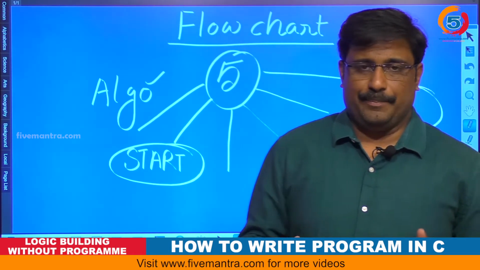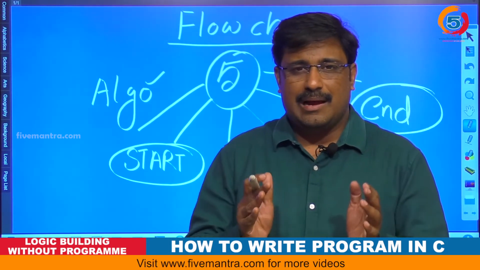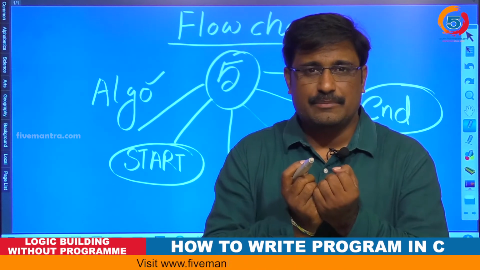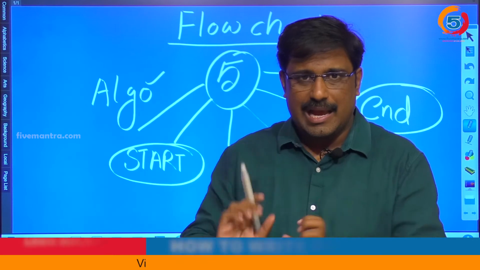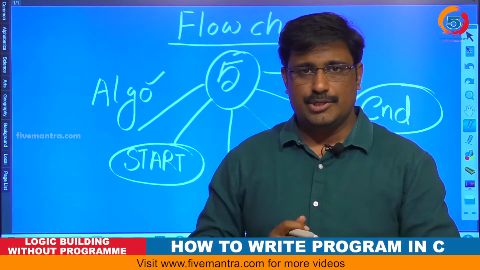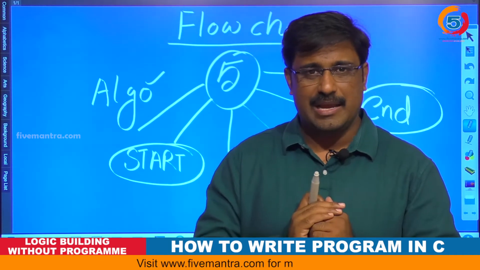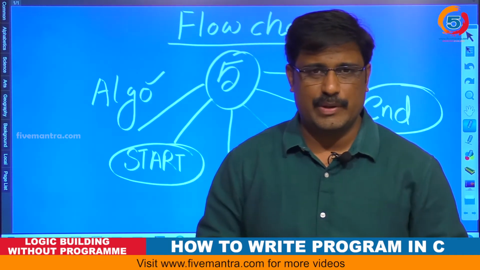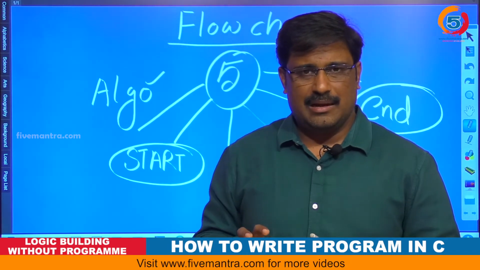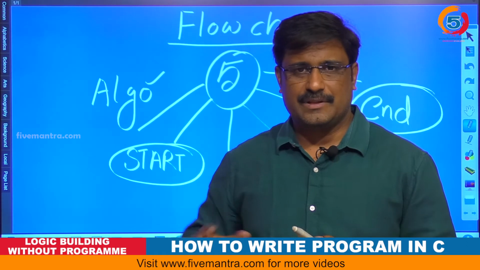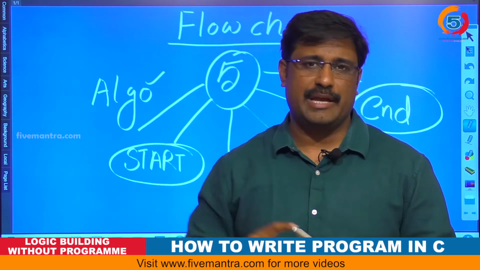Once one symbol is over, next I want to get data from the user. The user will give some input, I have to process it, and I have to give the output. So how to get the input and how to print the output is important. In any programming language, these are the basic things: we get data from the user, process it, modify it, and the information is sent to the end user.